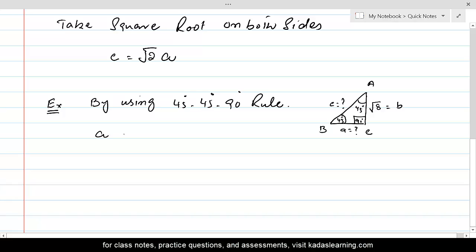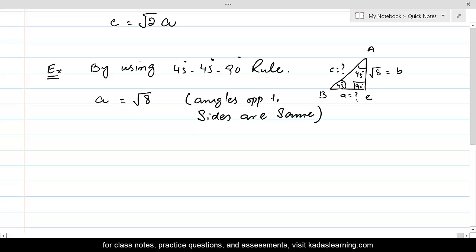So A would be equal to under root 8 as well, because these both sides must be the same, because their angles are the same, because sides opposite to equal angles are the same. So that is the reason.